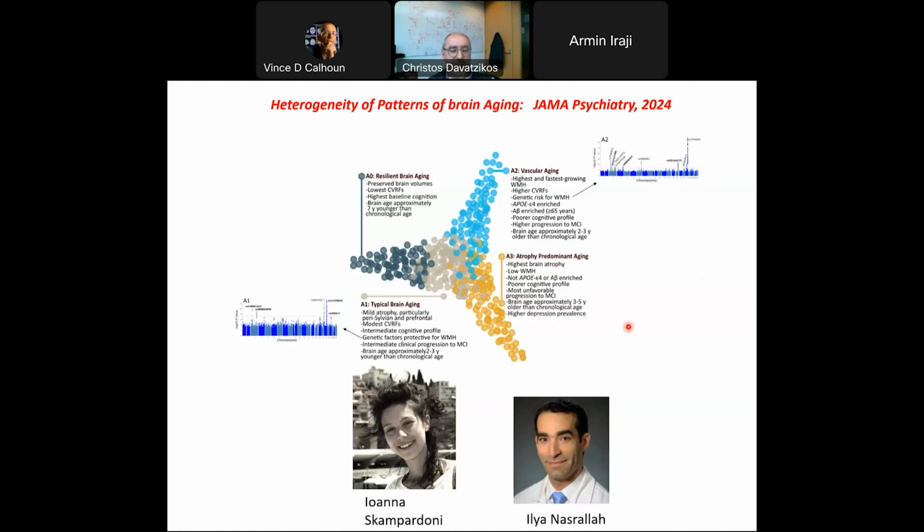So again, there are no definitive answers here to anything, but it's very clear that these methods allow us to dissect the heterogeneity of aging, of brain aging in this particular case, and start to understand what the different trajectories of brain aging relate to in terms of genetics, clinical progression, pathologic processes, and so forth.